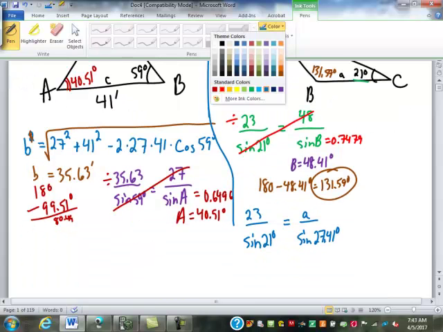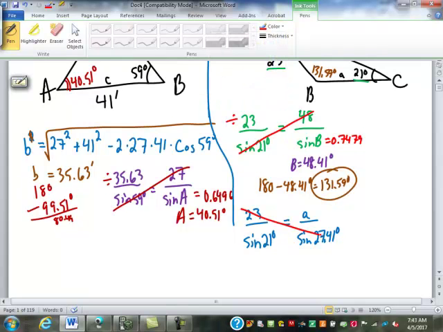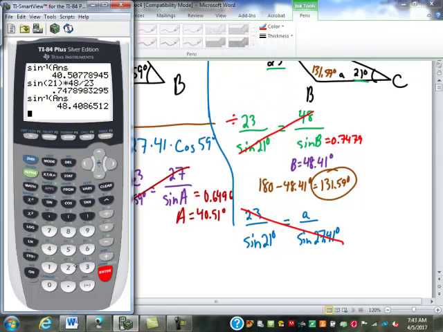And now we're looking for a side, so we just cross multiply and divide, and we are done. 23 times the sine of 27.41 divided by the sine of 21 is 29.55.